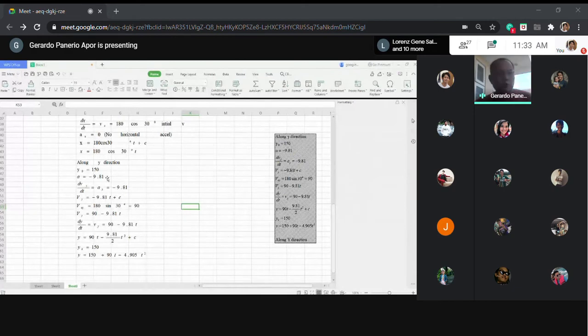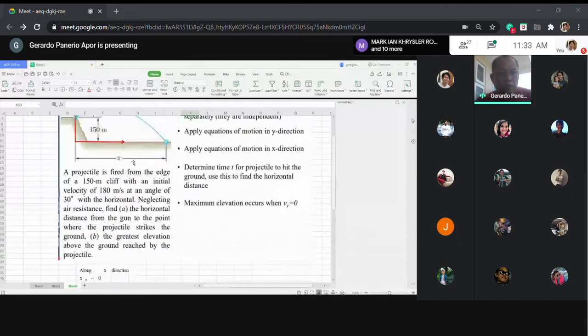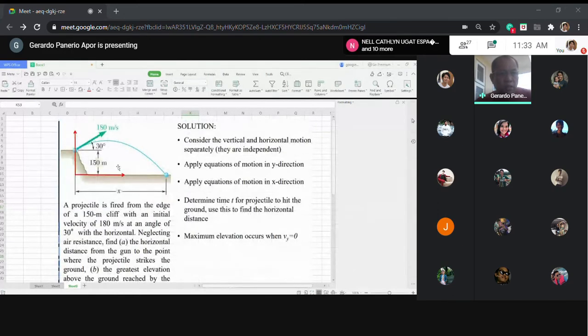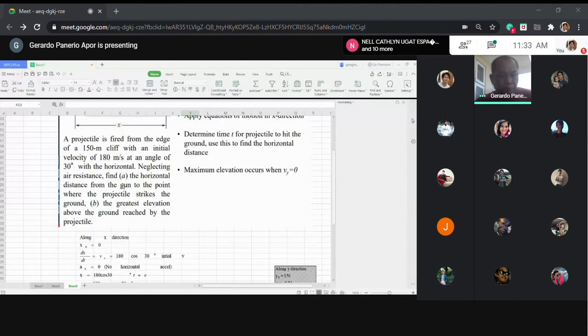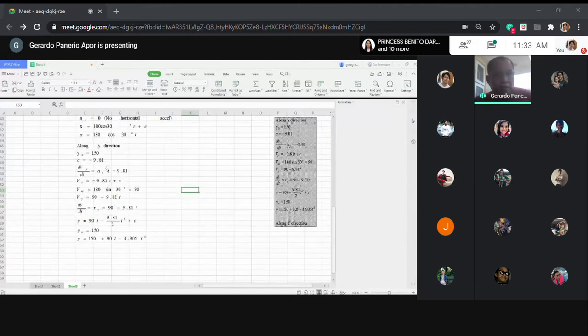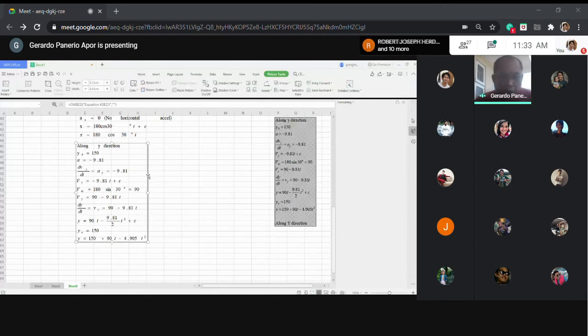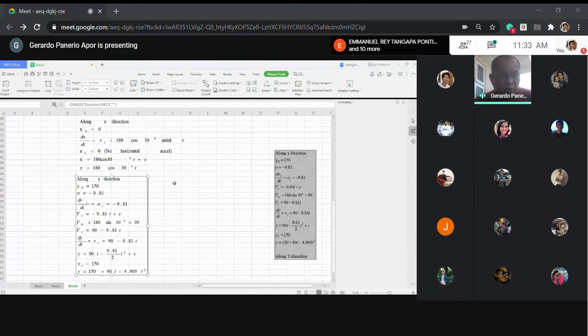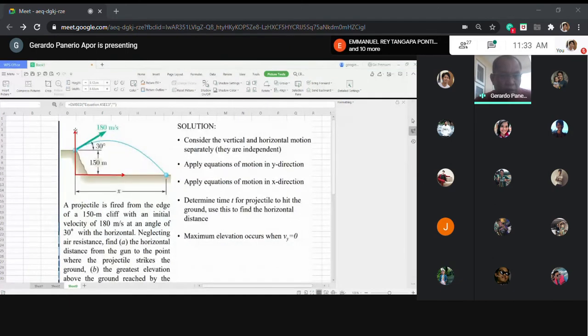It's equal to the gravitation, but the sign is negative because gravity is directed opposite the positive y that we assume here, because this is the right-hand rule of the xy axis.